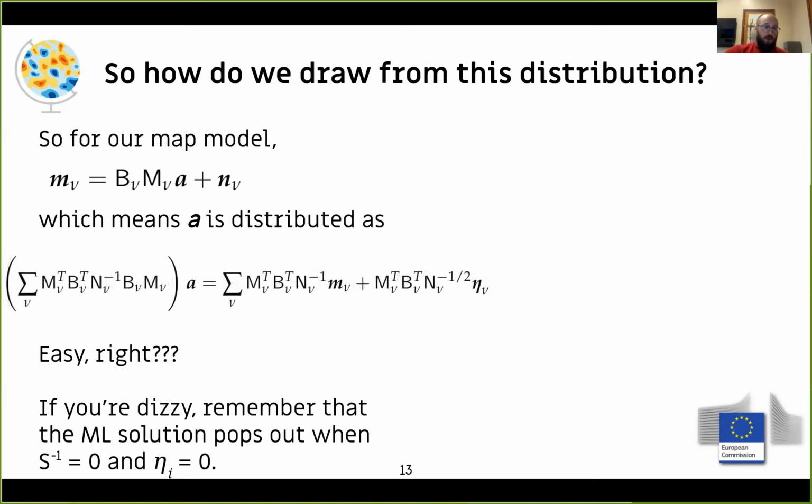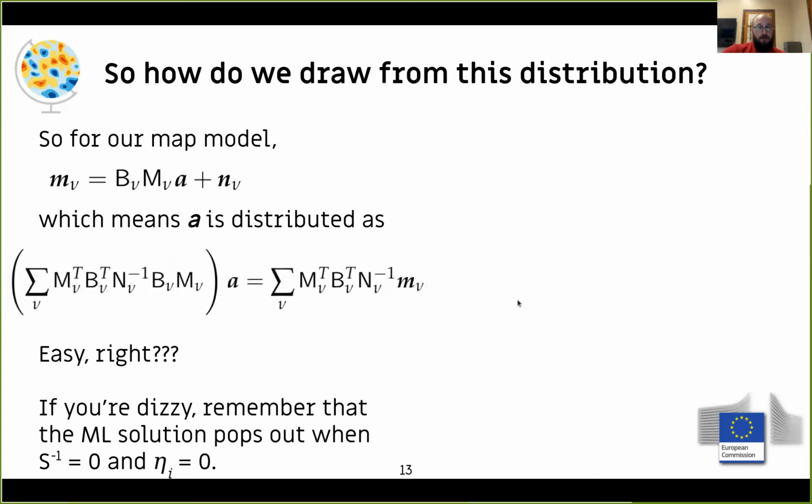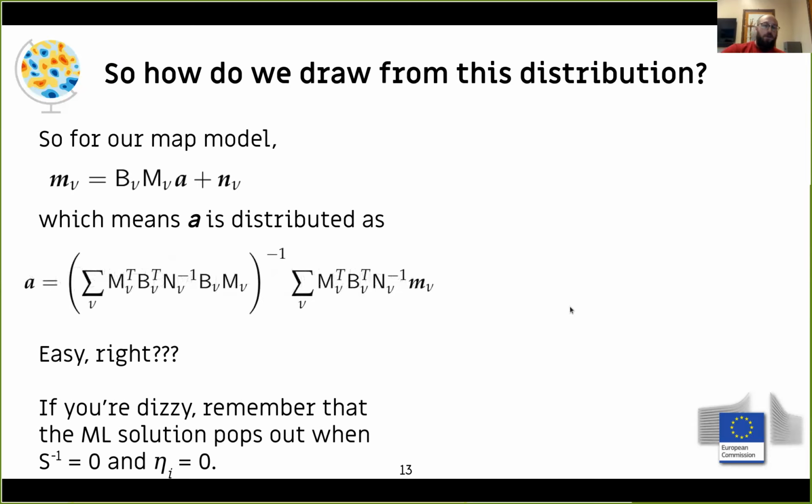This is a bit complex, so I'm going to try and break it down a little bit. For one thing, if you remove the prior and the mean term, you end up getting just a simple fluctuation. And then if you remove the fluctuation term again, you start to get something that looks a little bit simpler. And finally, if you invert this matrix, it turns into something that looks like a simple linear combination of matrices.